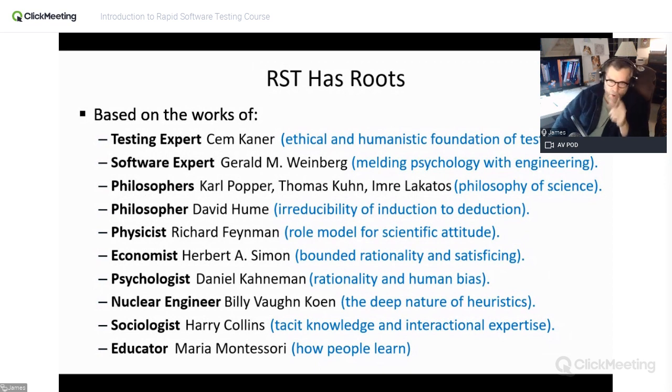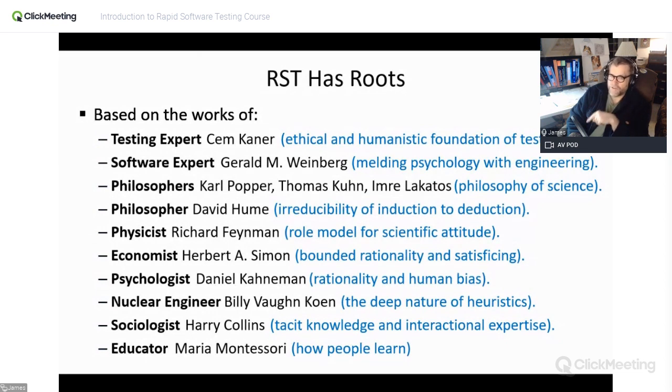Some of them are Nobel Prize laureates like Herbert Simon, Daniel Kahneman, Richard Feynman. The three of them won Nobel Prizes. Maria Montessori is a famous educator from 100 years ago. And her Montessori method deeply influenced my son's life.